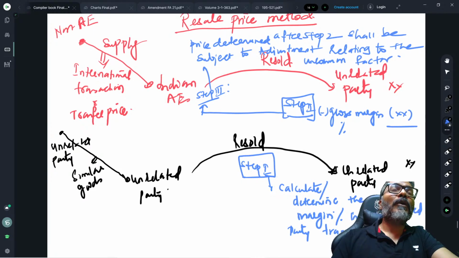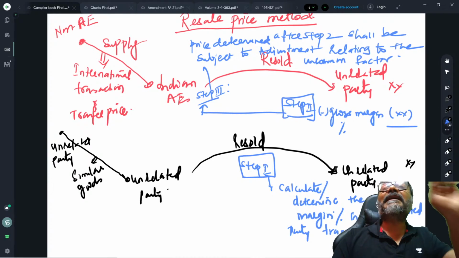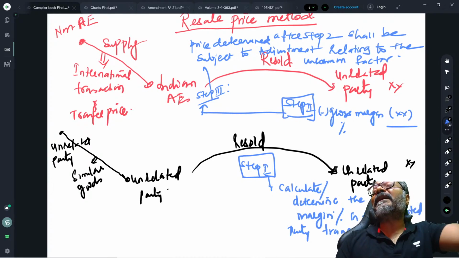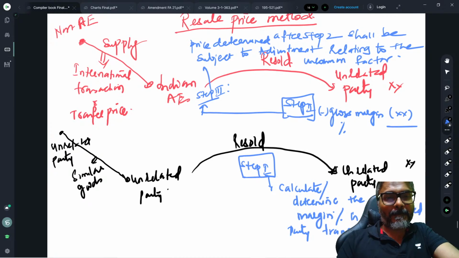So that is what you should always keep in mind whenever we are doing a transfer pricing adjustment. In those adjustments, we should be aligning this price in such a way that it gets aligned to the factors which are there in the A transaction.